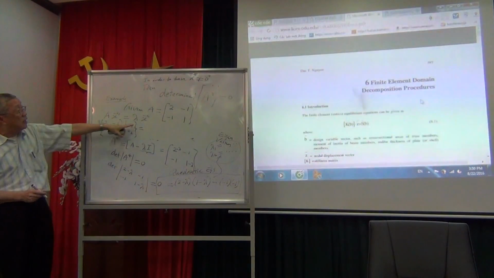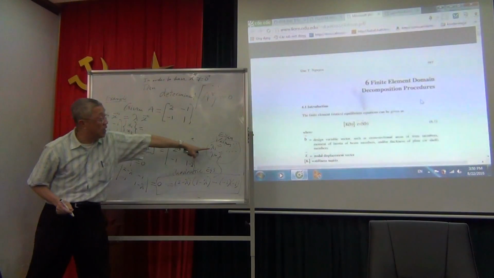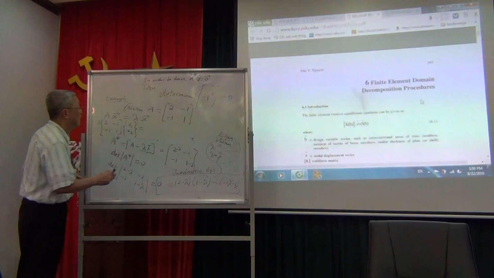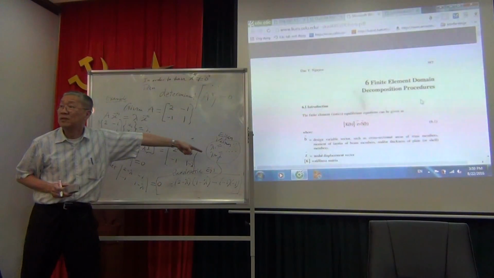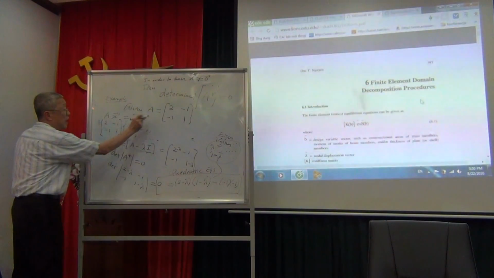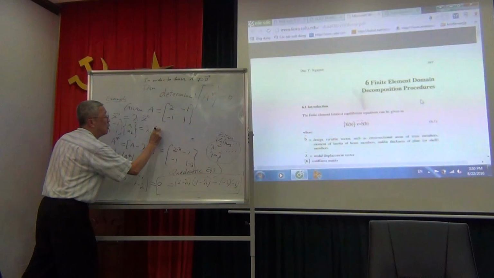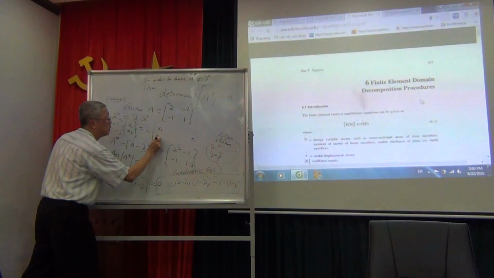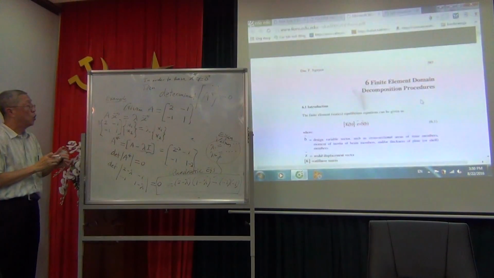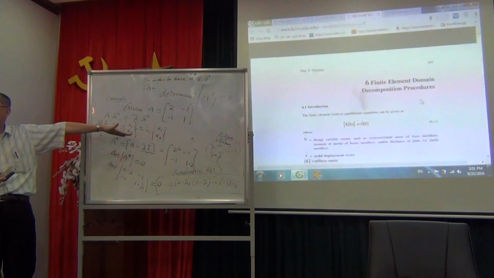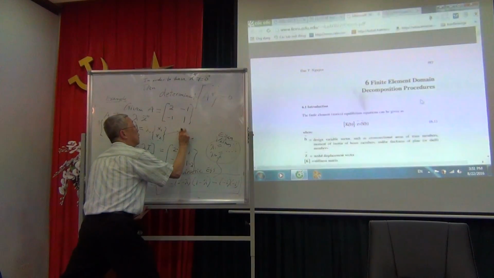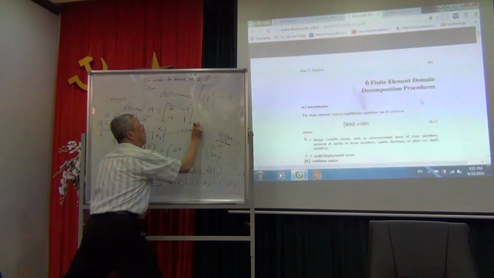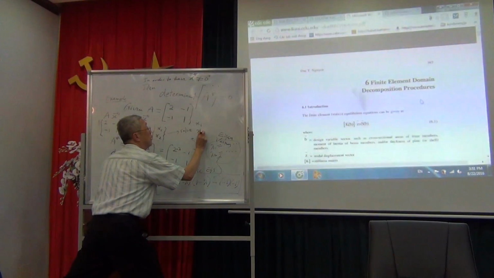Now, if you let lambda equal to lambda 1, okay? So you get lambda 1, which is known. You just solve it. Times x, x1, x2. So from this system, you can solve for x1 and x2.